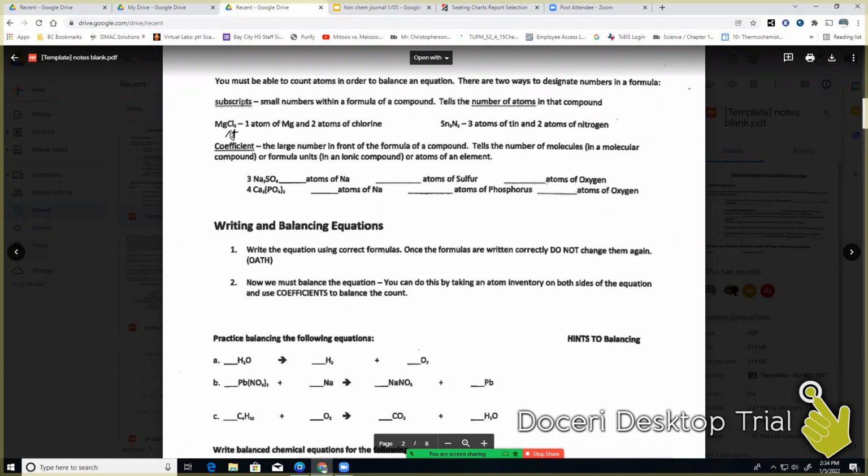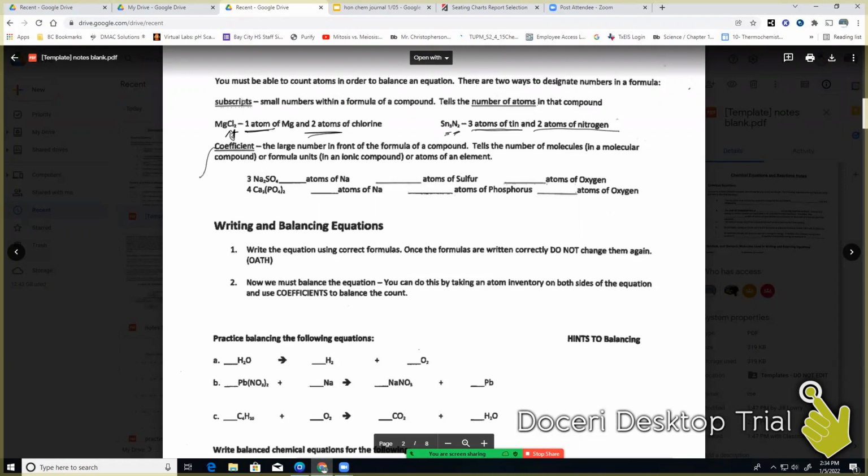It doesn't affect the magnesium. Since the magnesium does not have a subscript, then we would just have 1 atom. Remember, a subscript of 1 is just assumed. And then, like we said, the chlorine has a 2, so that means it has 2 atoms. Same thing here. It has a subscript of 3, so that means it has 3 atoms. And then my nitrogen has its subscript of 2, so that means it has 2 atoms. We've done that before, and I know y'all probably did it even before this.